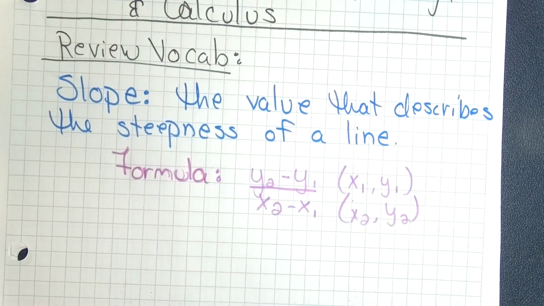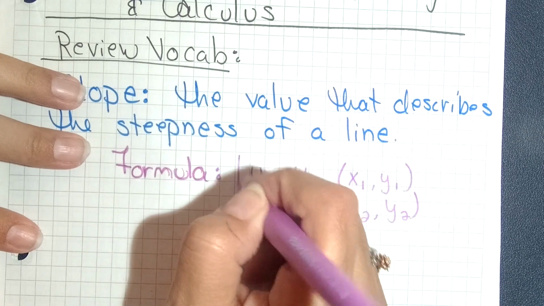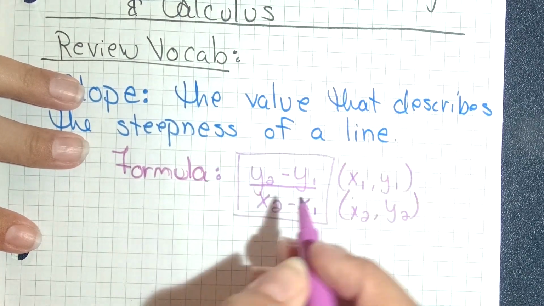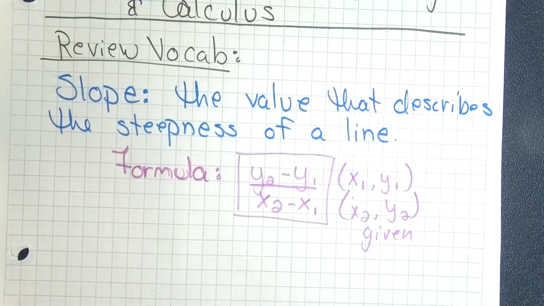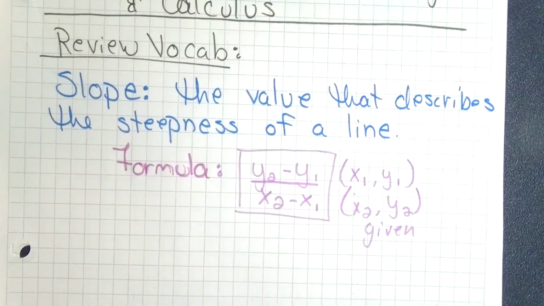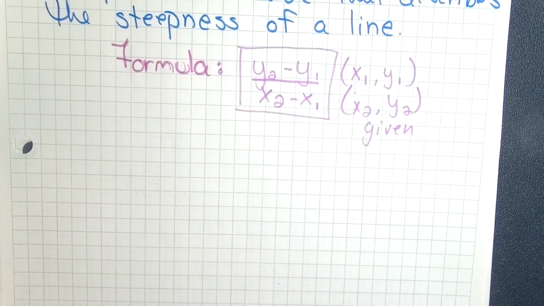So this is the formula, and this is the given information, which you did on the do now. You found the slope of a line by comparing the difference of the two coordinates. This should just all be a review.